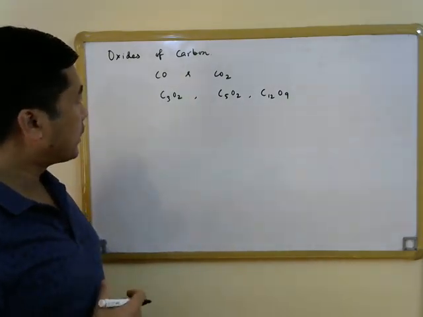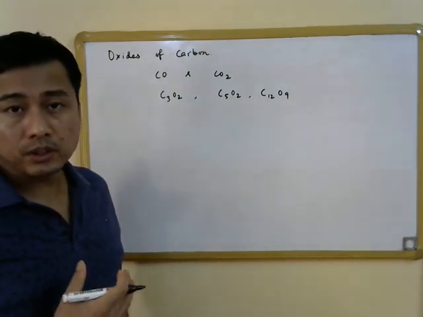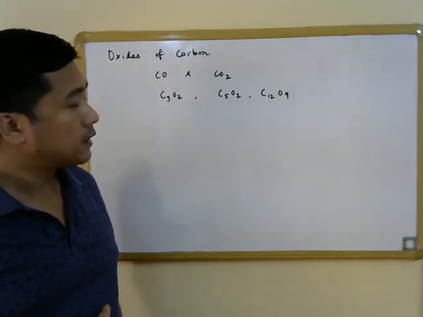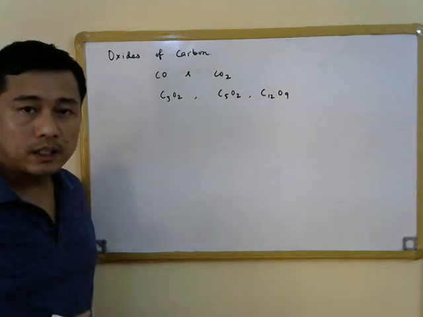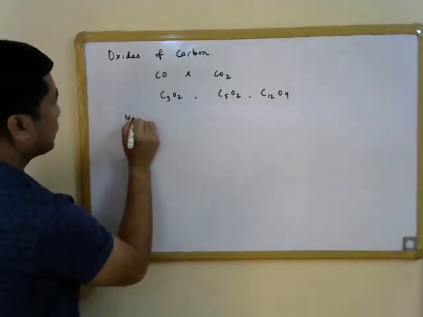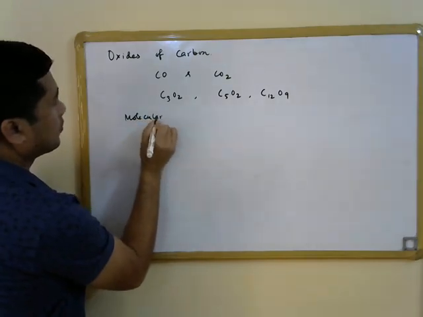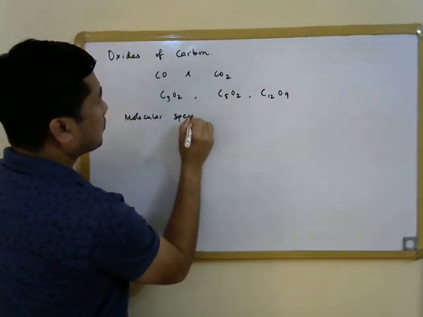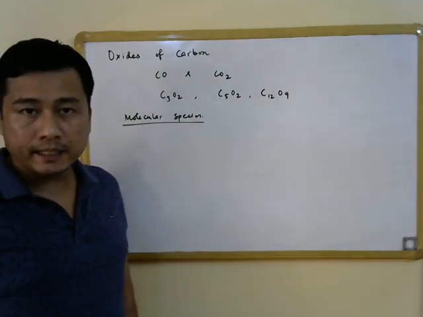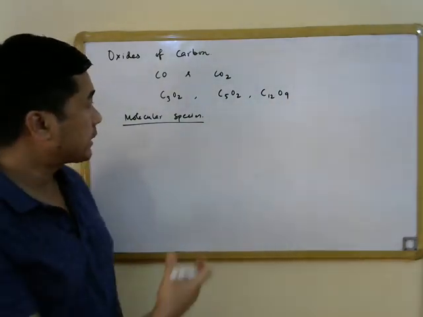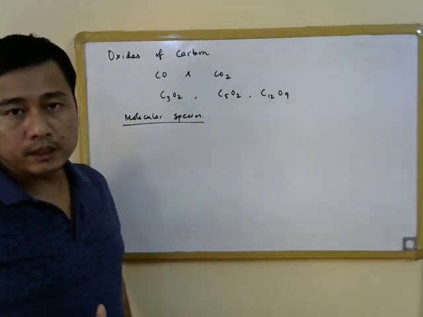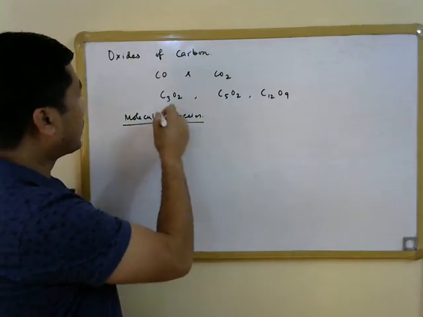Now there is one important difference between the oxides of carbon and the oxides of other group 14 elements. That is, these oxides of carbon are all molecular species. Carbon dioxide is a gas, carbon monoxide is also a gas, and these are essentially molecular species.